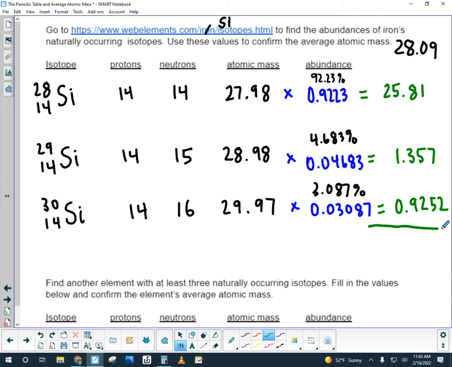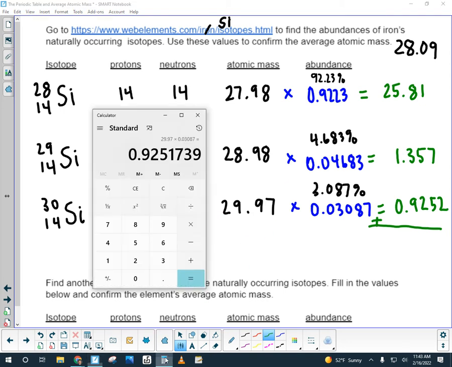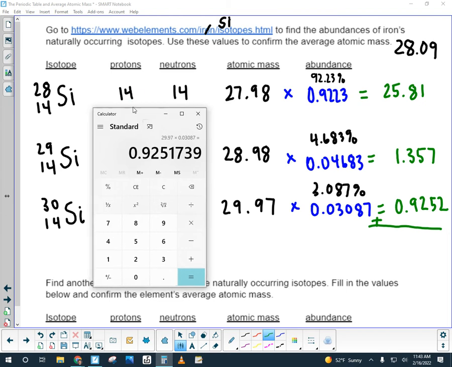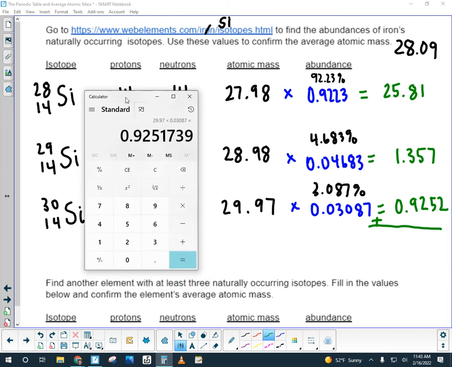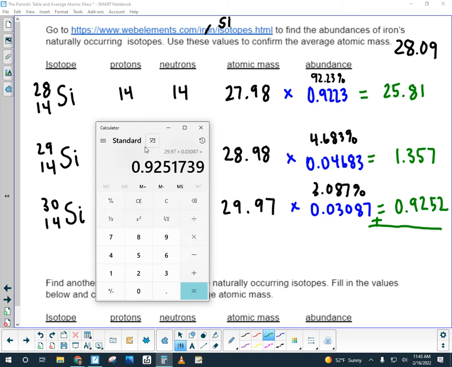And then to calculate the weighted average, I'm adding all 3 values up in this case. And even before I do it, I'm expecting the average atomic mass to be closer to this isotope because it's 92%. The other two will bring the average up a little bit from there, we should see.